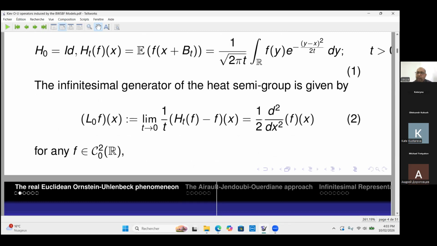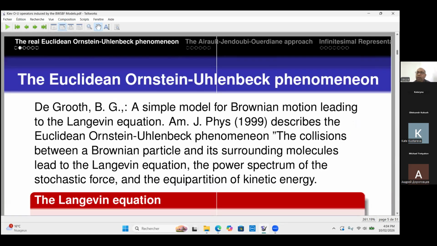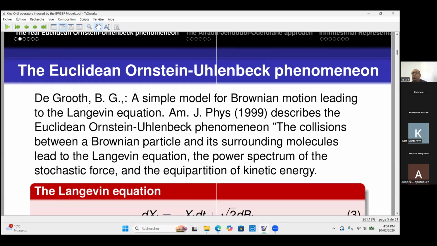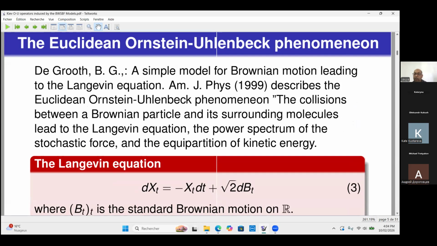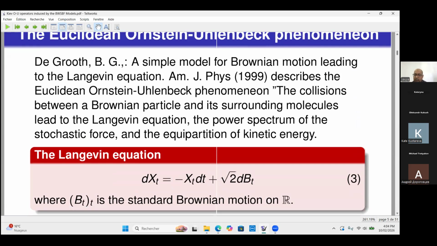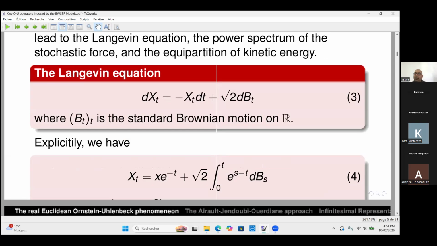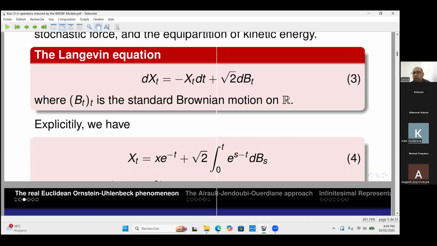Some perturbation of this semigroup is related to the classical Ornstein-Uhlenbeck operator and process defined on R or Rd. The process satisfies this stochastic differential equation, dXt equals minus Xt dt plus square root of 2 dBt. And by the Itô formula, we get an explicit expression of the process.